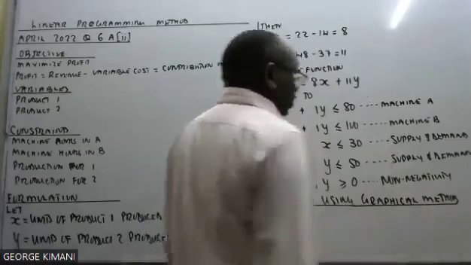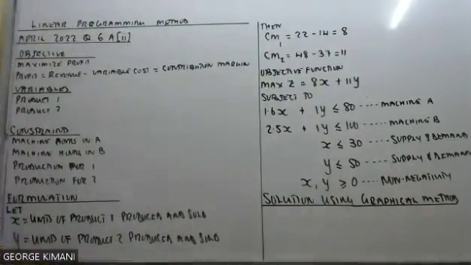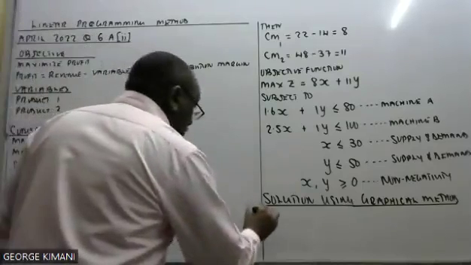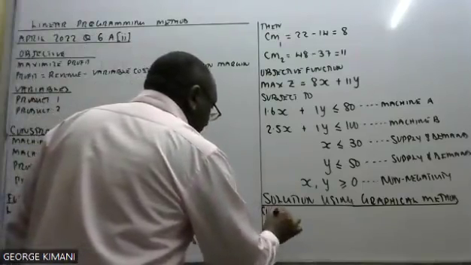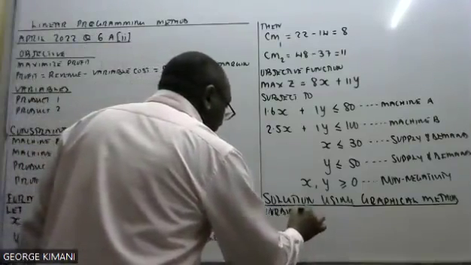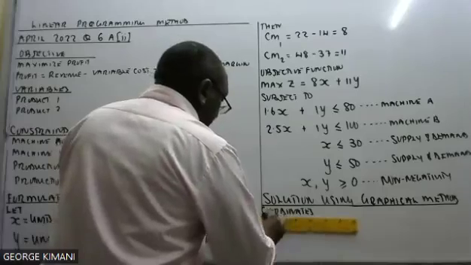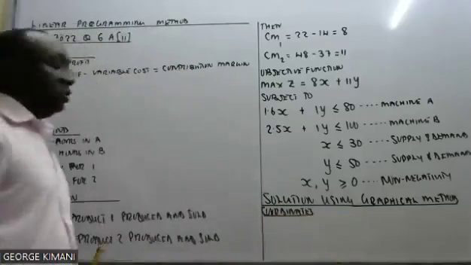If you're using the graphical method, the first step is to get coordinates. That is the first thing that we do.